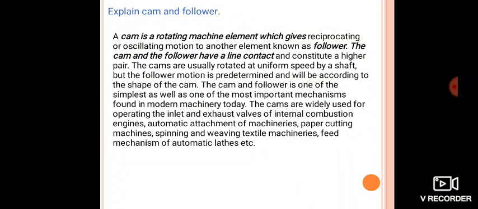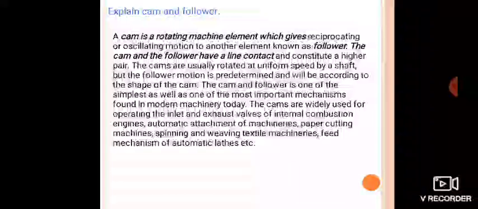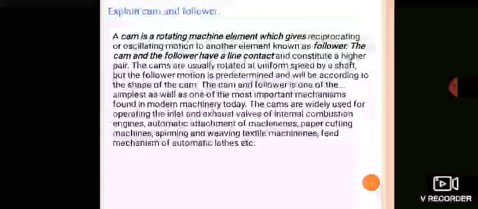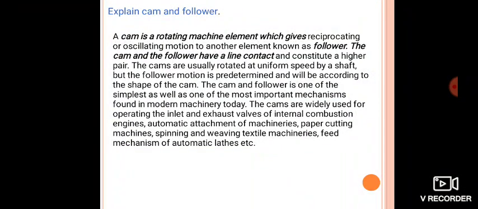The CAMs are widely used for operating the inlet and exhaust valves in high speed engines, whether in boilers or internal combustion engines.